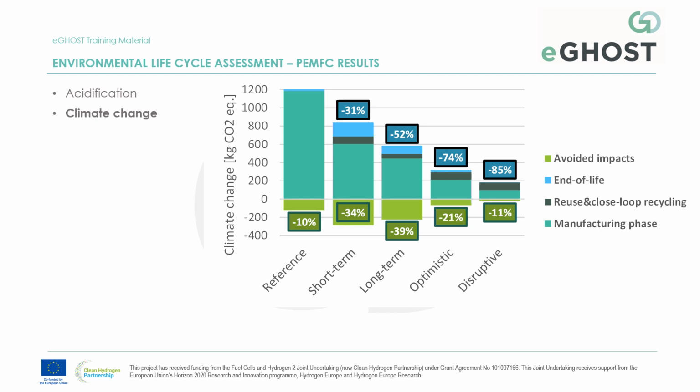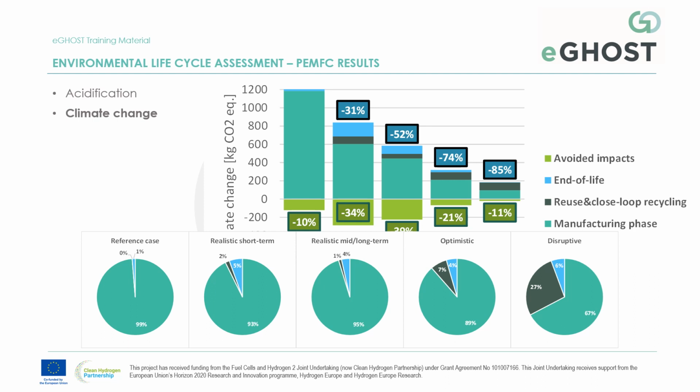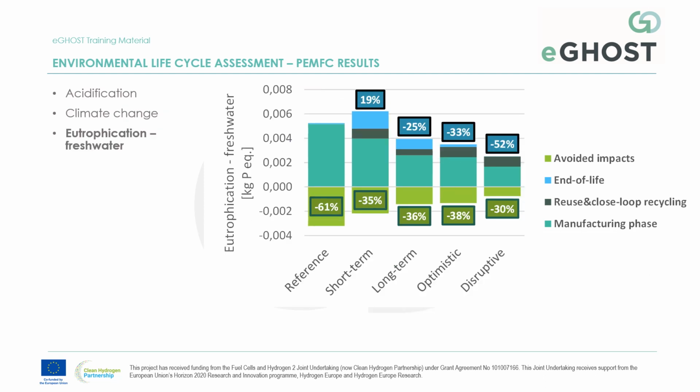The reductions are a bit lower, but basically we have a steady reduction for each product concept. Again, here the shares are quite similar to the acidification one, so I won't waste much time here.